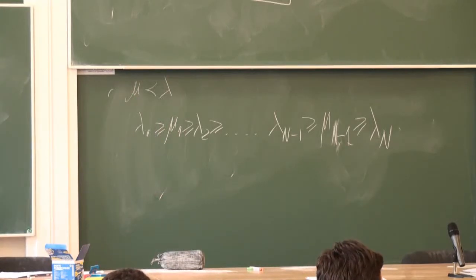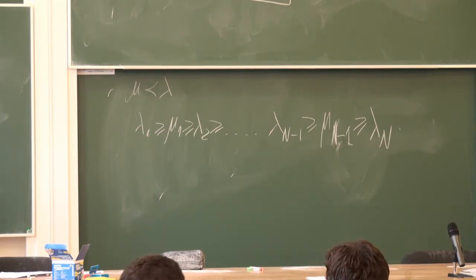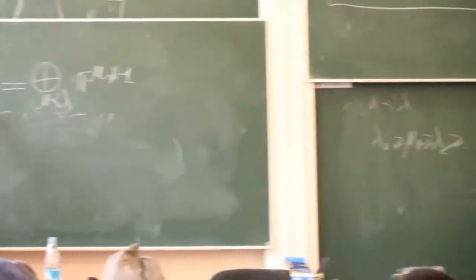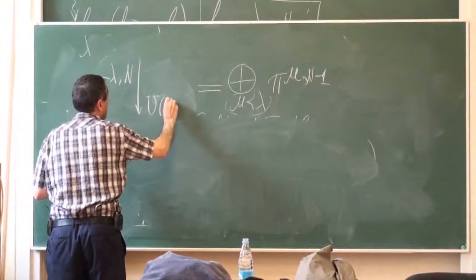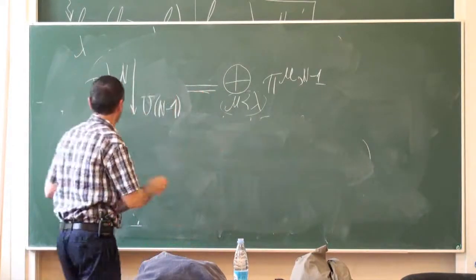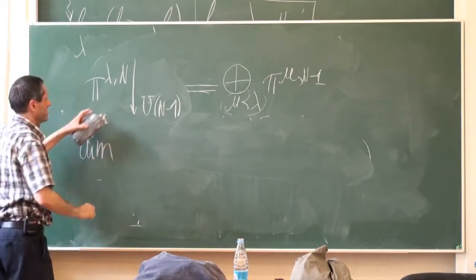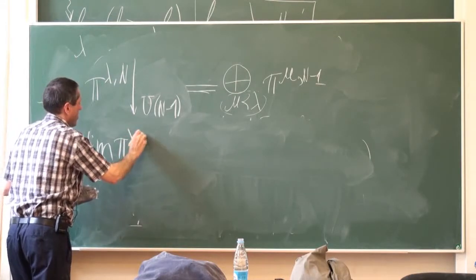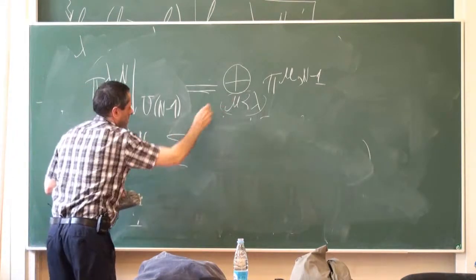Now the construction goes as follows. Look at this equation and count the dimensions. We get the dimension of this representation, that is the dimension of the space here, is the sum of the dimensions here.